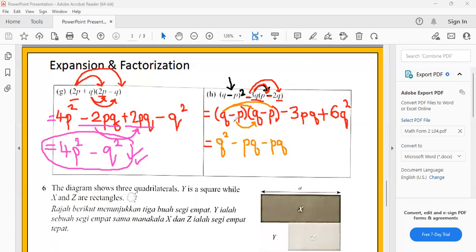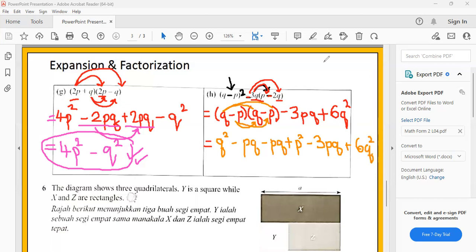Very good. And then negative p times negative p, what do I get? Positive p squared. Good. But don't forget, you also must continue with this minus 3pq and plus 6q squared.